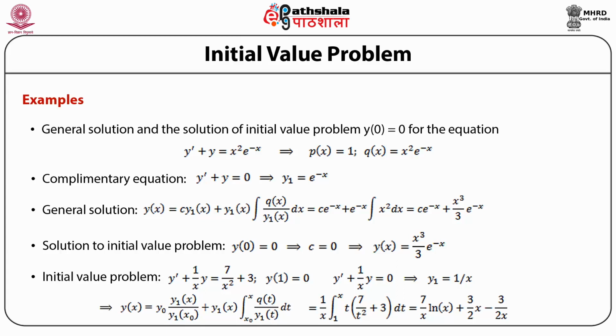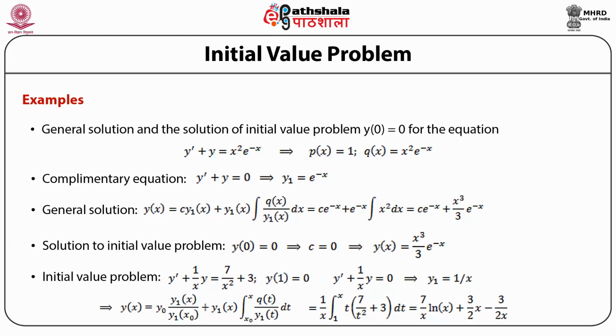The initial condition is defined by: at x equal to 1, y is equal to 0. So first we consider the complementary equation, which is given by y prime plus (1/x) y is equal to 0. So the solution y1 will be obtained as equal to 1/x.